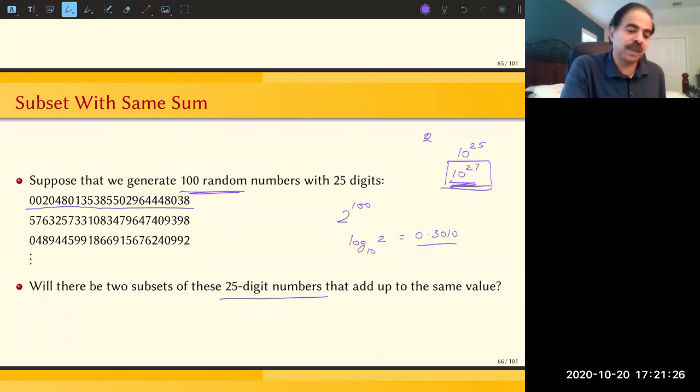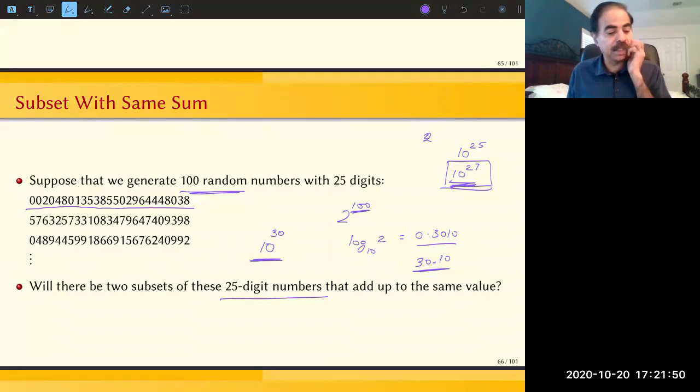So for 2 to the power 100, you just multiply the log by 100. That gives you 30.10, which means the number is something like 10 to the power 30. So there are 10 to the power 30 subsets, but there can be only 10 to the power 27 sums. Therefore, the Pigeonhole principle tells you that there are many subsets that must have the same sum.